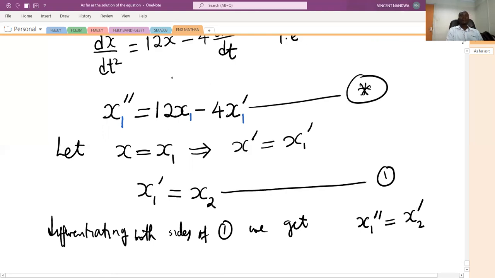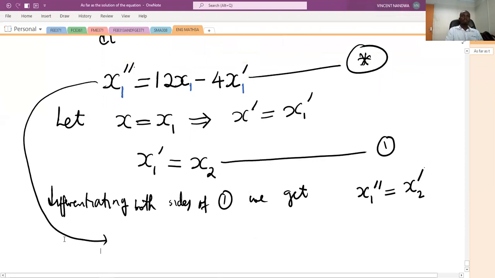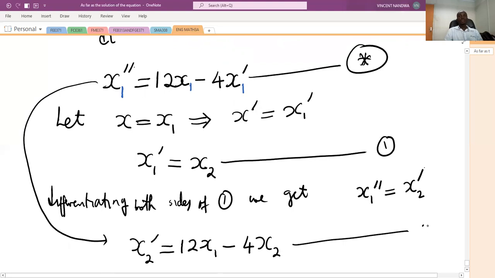In this equation star, where there's x1 double prime, I can replace it by x2 prime. So star becomes x2 prime equals 12x1 minus 4, but instead of writing x1 prime, you see x1 prime is x2 from equation 1. So you write x2. And therefore you call this one equation 2.